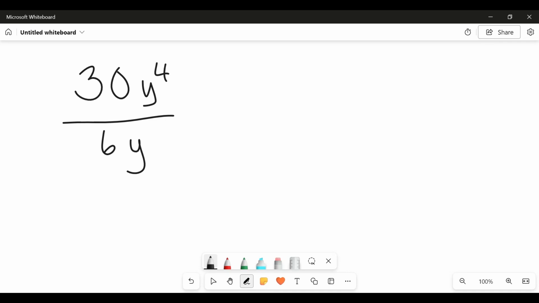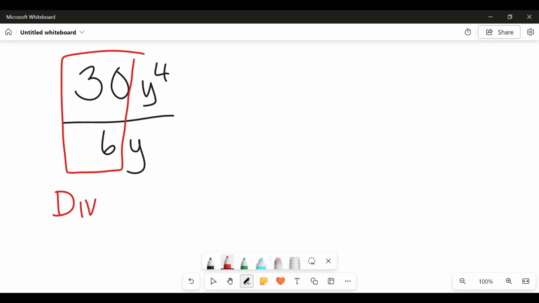Okay. So when we have a division problem like this, well, a fraction, right? A fraction means to divide. What we do is we divide the numbers out in front. And subtract the exponents, right?